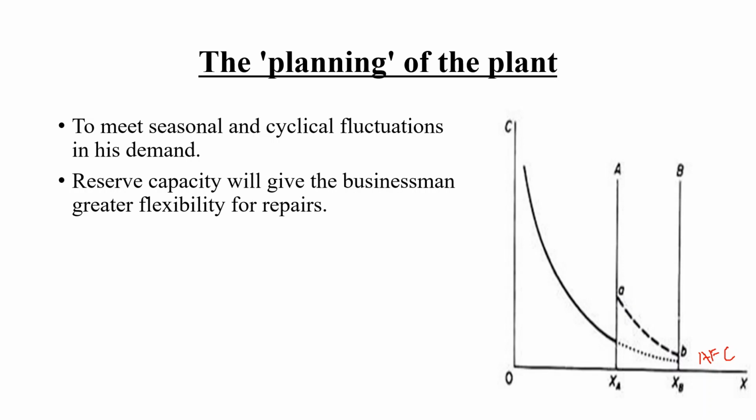The reserve capacity will give the businessman greater flexibility for repairs of broken down machinery without disrupting the smooth flow of the production process. The entrepreneurs will thus buy from the beginning such a basic machine which allows the highest flexibility in view of future growth in demand, even though this is a more expensive alternative now.